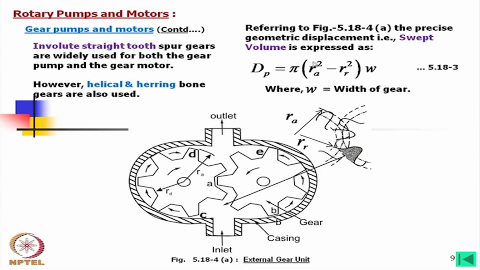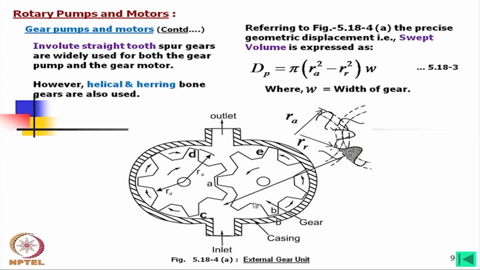So, this area we take as pi into R A square minus R R square, into the width of the gear. Roughly it is equal to R A square minus R D square into pi, the total area. That divided by 2 is the oil being transmitted by one gear, and as there are 2 gears we multiply by 2. So, divided by 2 and then multiplied by 2, this gives this annular area.